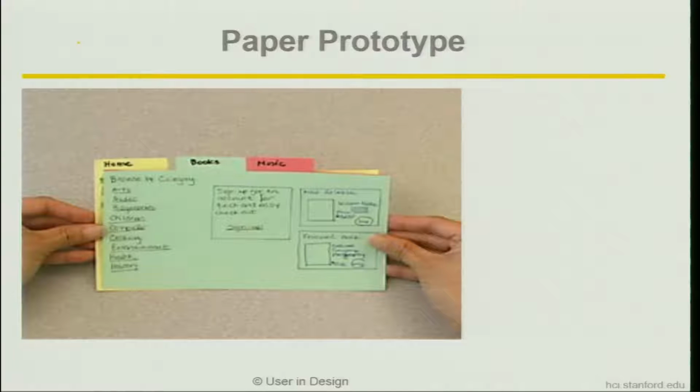You can be more fancy with prototypes. So this is an example where you have the interface. This is for a portal or something like that, some kind of a software interface, where the tabs are taken in different color sheets, right?